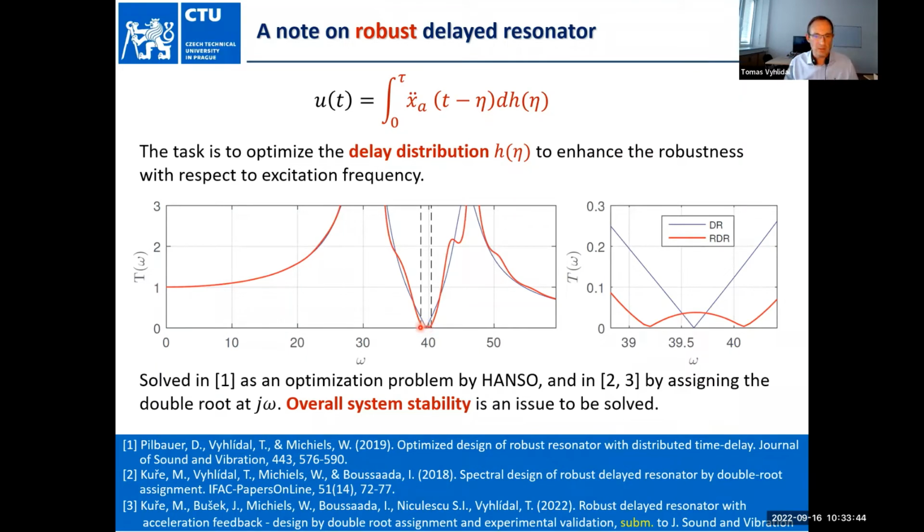In these references, we did it by applying optimization methods. You can see here we employ distributed delay feedback, but with a more enhanced or more complex delay distribution. It can be pointwise, equally distributed, or even a polynomial distribution.